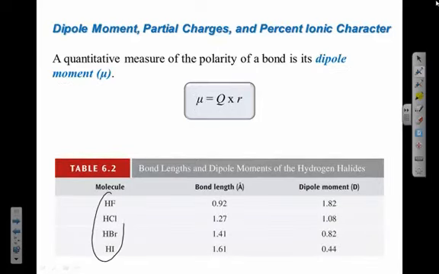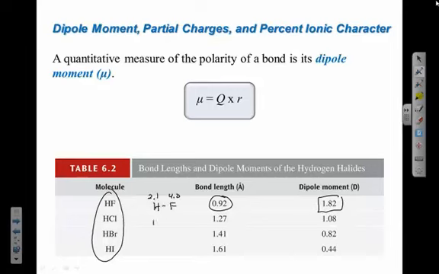And this illustrates that. Fluorine, hydrogen, bond length is pretty short. The shorter the bond length, the less polar it should be. But this is significantly more polar than the other one. And that's because the electronegativity difference is much bigger.